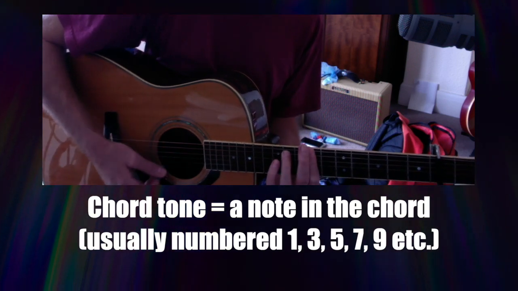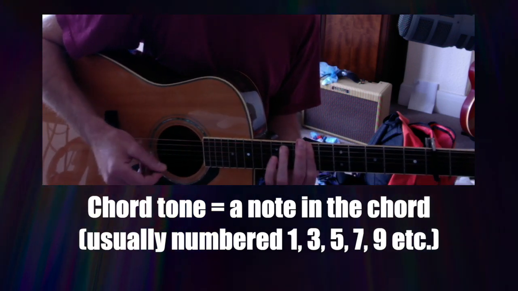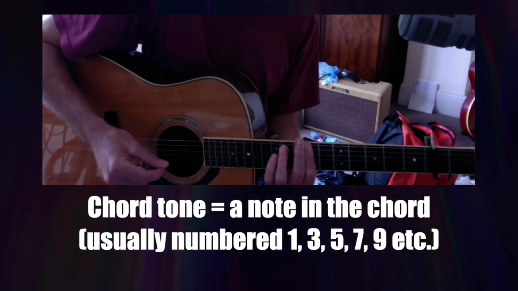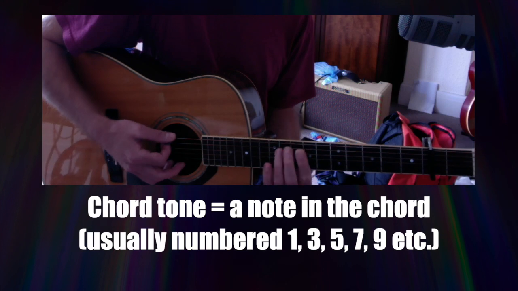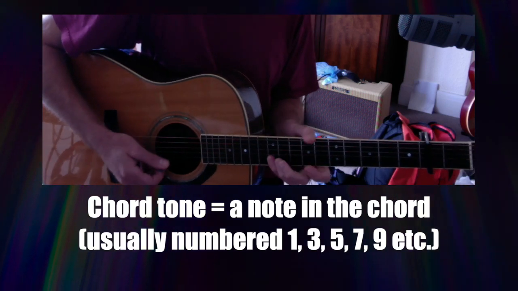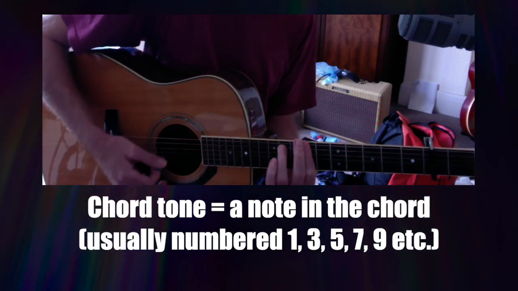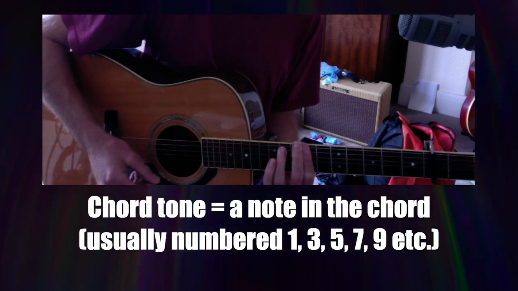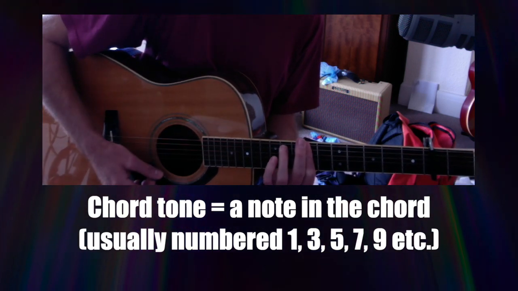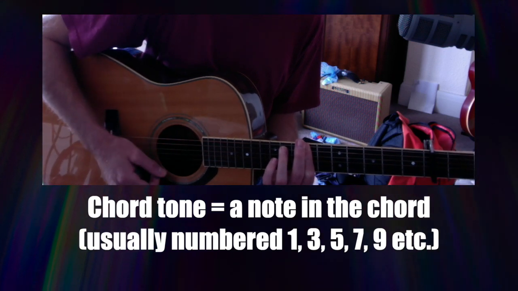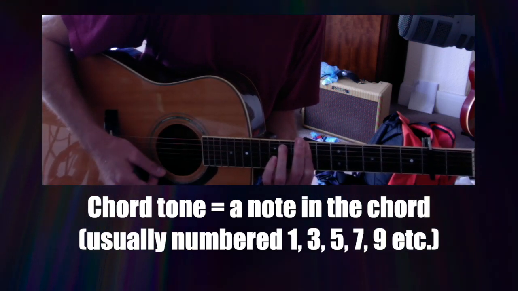So any of those notes would work fantastic, considering they're already in the chord. 1, 3, 5, 7. That's pretty much the go-to choice of notes for a 2 chord, a minor 7 chord, because they're in the chord, of course.